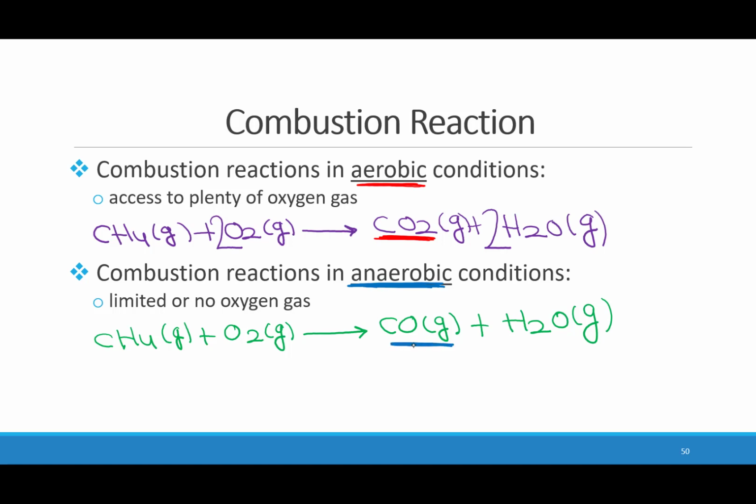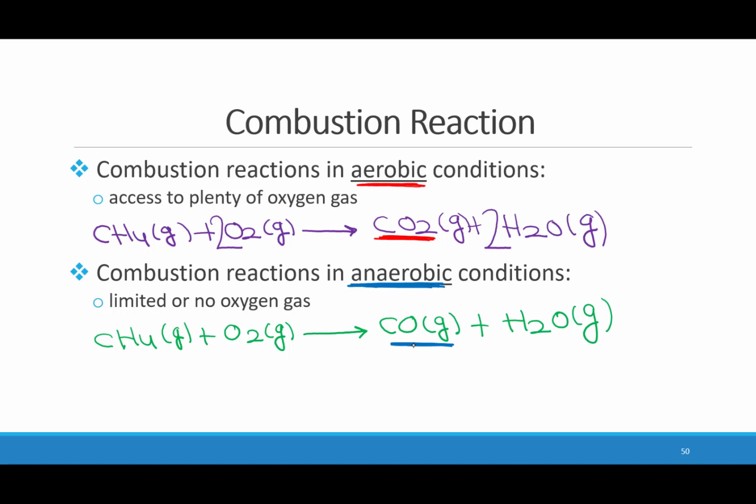When it's aerobic condition, that means we have access to a lot of oxygen gas. That's why the product is carbon dioxide. In anaerobic condition, we have limited or no oxygen gas. That's why the product is carbon monoxide.